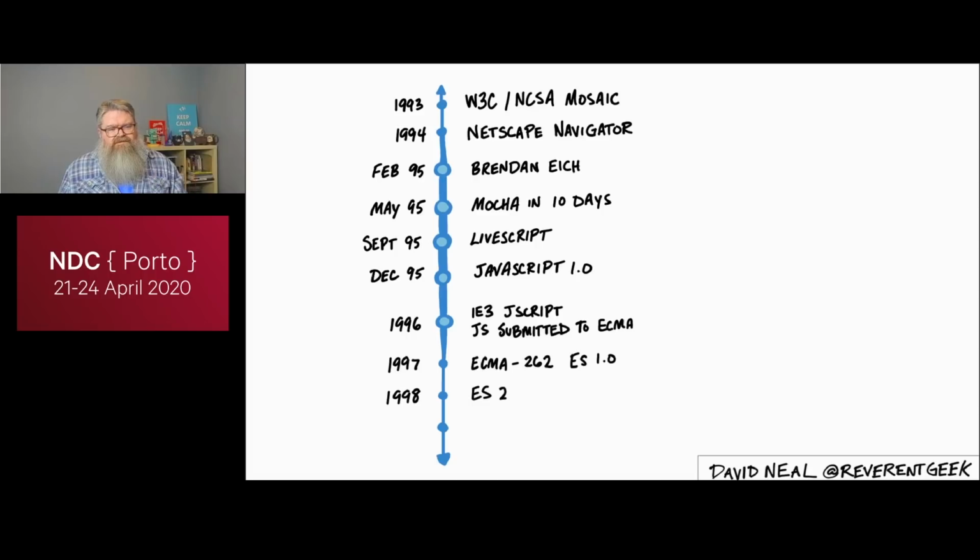So, you know, fast forward a little bit, ECMA releases ES2 in 1998. It's basically just some updates for ISO certification. And then we get ES3 in 99, which includes some things like regex, try catch, and some better string handling.